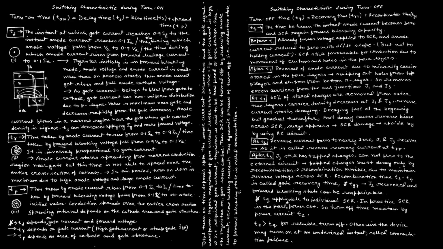Now, switching characteristics during turn off. As I mentioned earlier, the total time TQ is defined by the reverse recovery time TRR and the recombination time TGR. So TQ is the time between the instant the anode current becomes zero and the SCR regains forward blocking capacity.